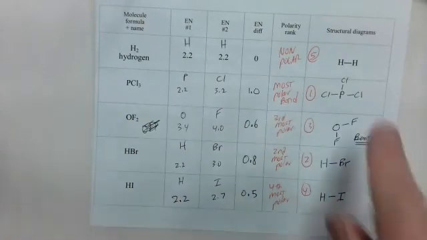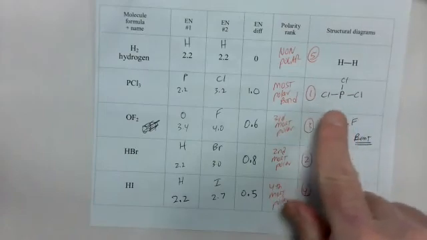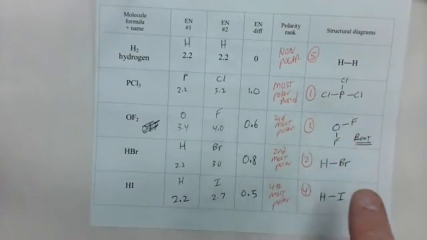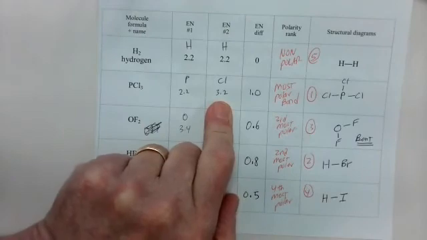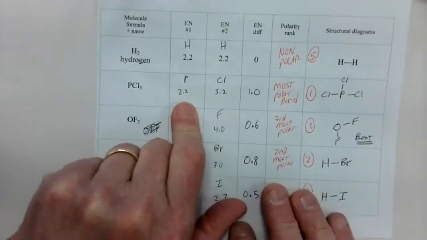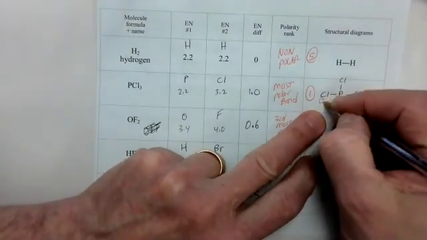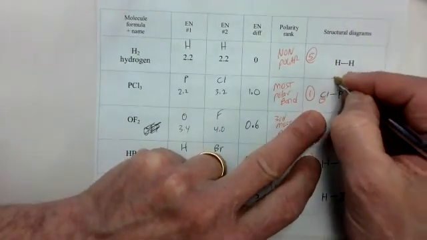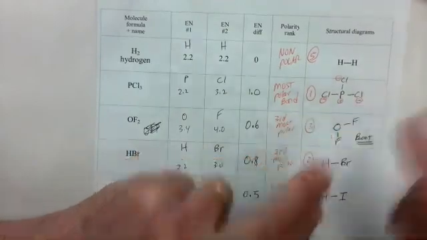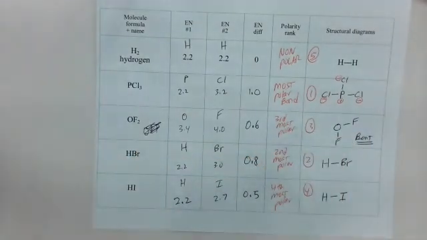So when phosphorus and chlorine are making this bond, because the chlorine has a much higher electronegativity than the phosphorus, when they share electrons here, the chlorine side gets the electrons most of the time, leaving the phosphorus side more positive most of the time.